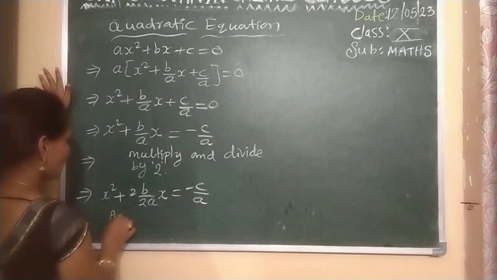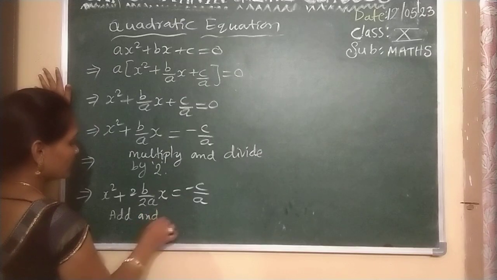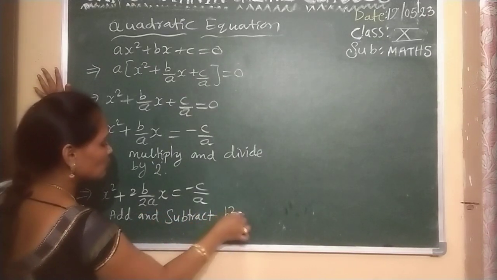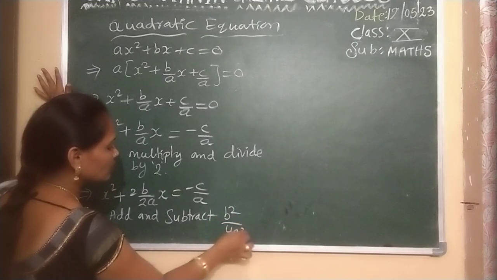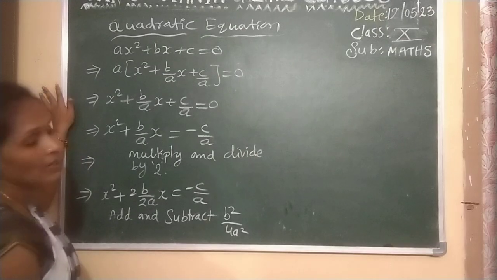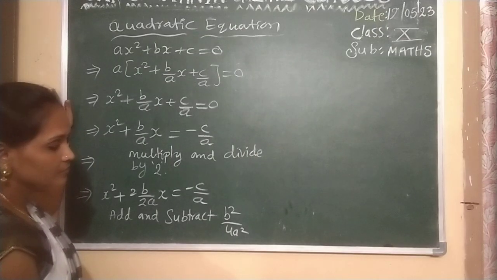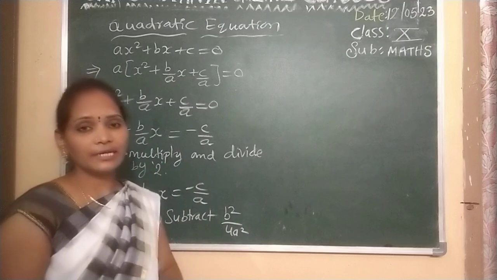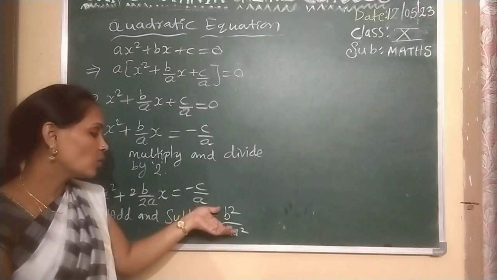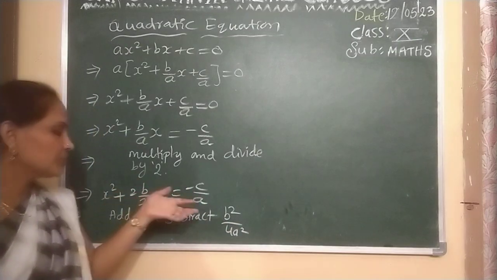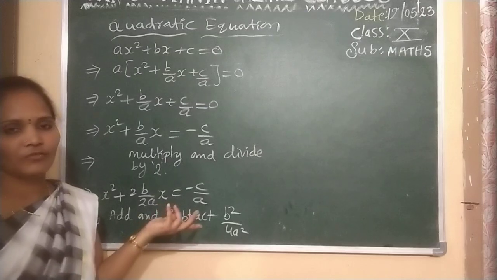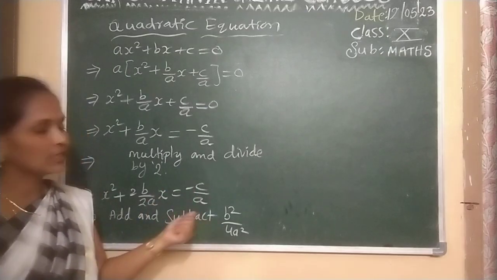Why should we take only b square by 4a square, and why not another term? Sometimes students may get this doubt. Because to get the formula, if you take the proper term, only then can we get the proper formula. Otherwise, we can't get the formula. That's the reason we should take this only.